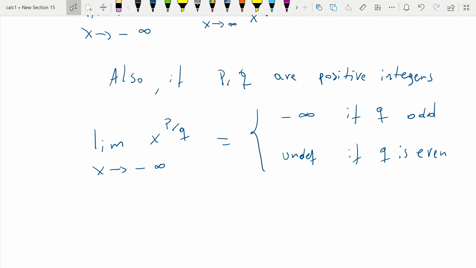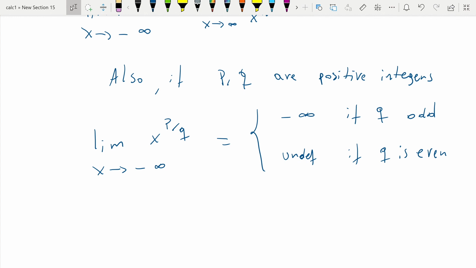The only problem is when x is negative and you're asked to take the root of the quantity x when the roots are not odd. For instance, you can always compute the cube root of minus 1, which is minus 1, but you cannot take the square root of minus 1.